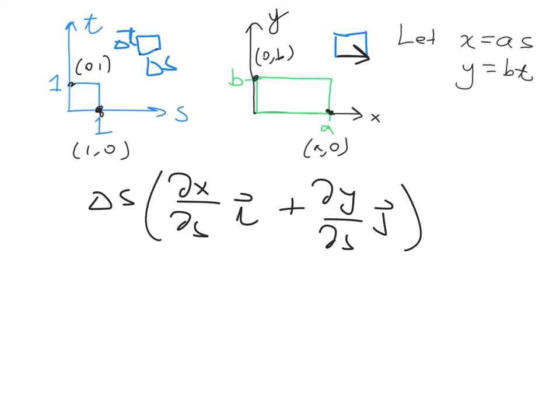So the change in s times its rate of change is an approximation of the change in x, and the change in s times the rate of change of y is an approximation of the change in y. So this vector approximates how x changes and how y changes with a change in s of delta s.